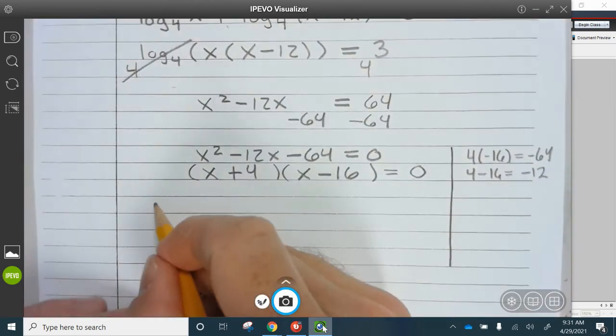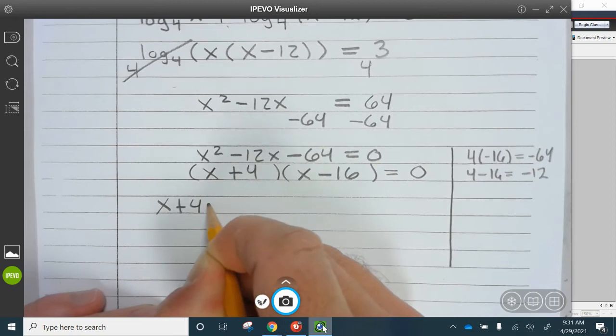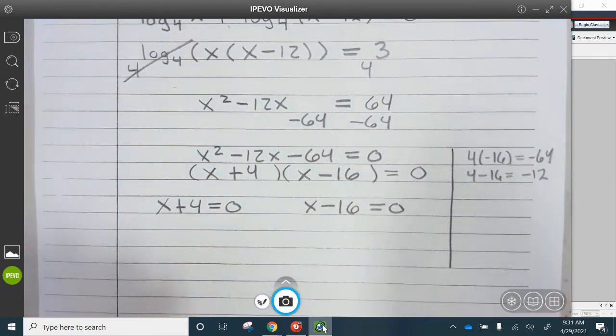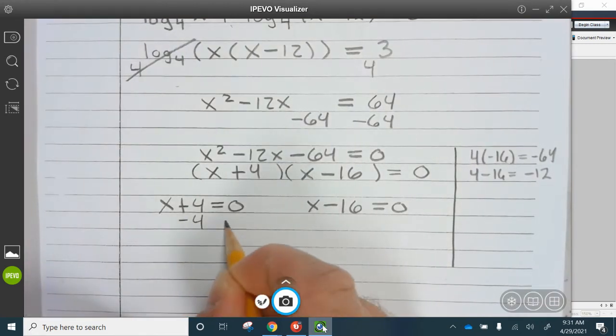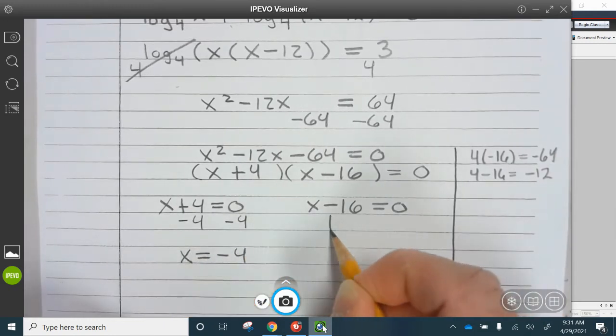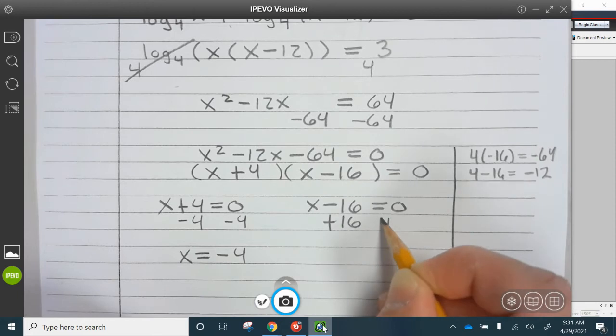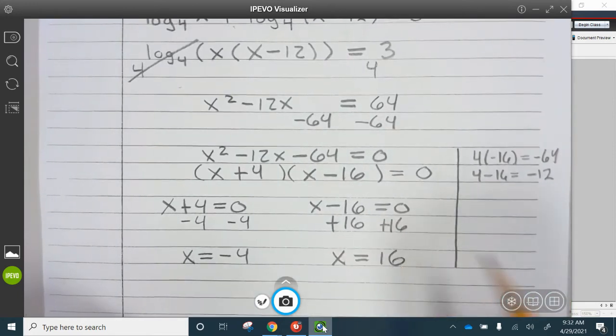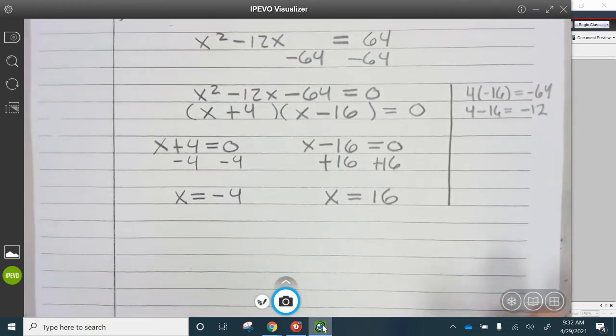Okay, so we set these equal to 0, so x plus 4 equal to 0, x minus 16 equal to 0. So we subtract 4 from both sides, x equals negative 4, add 16 to both sides, x equals 16. Now we need to check for extraneous solutions, so we're going to plug the numbers back in.